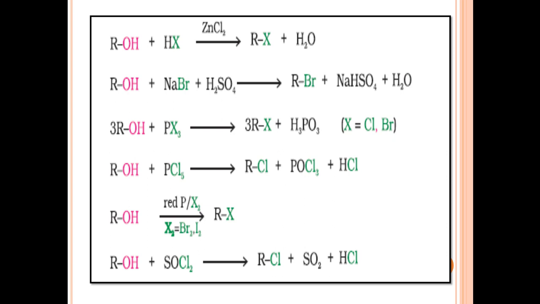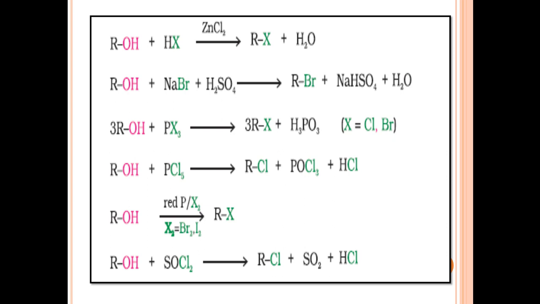Do not make the mistake of writing H3PO4. The acid prepared here is phosphorus acid, that is H3PO3. When alkyl alcohol reacts with PCl3, it will give RCl plus H3PO3.